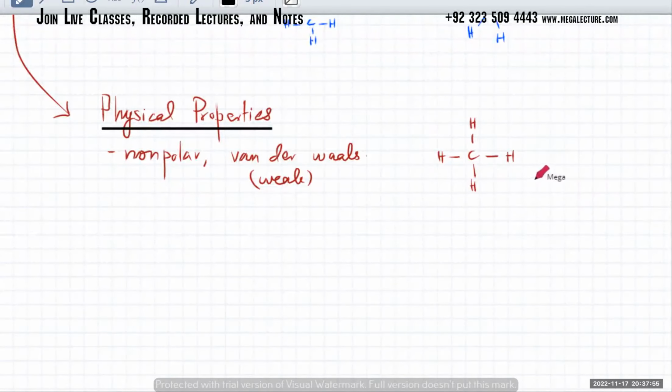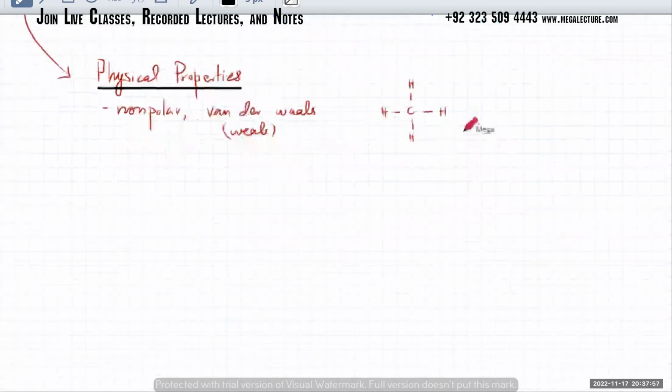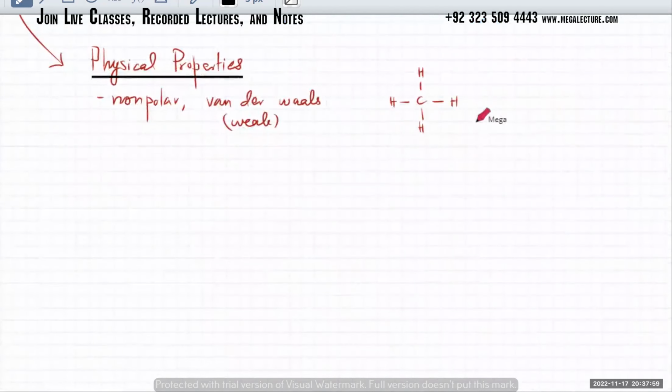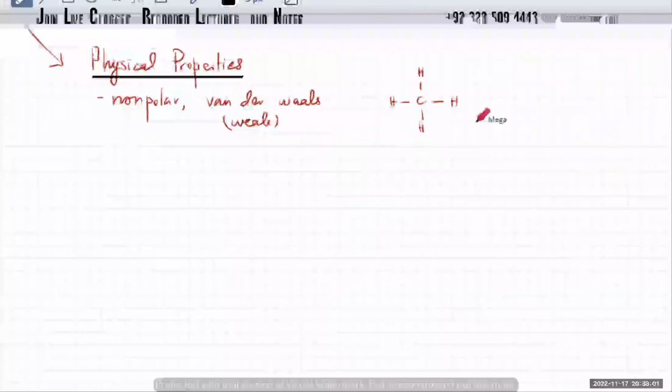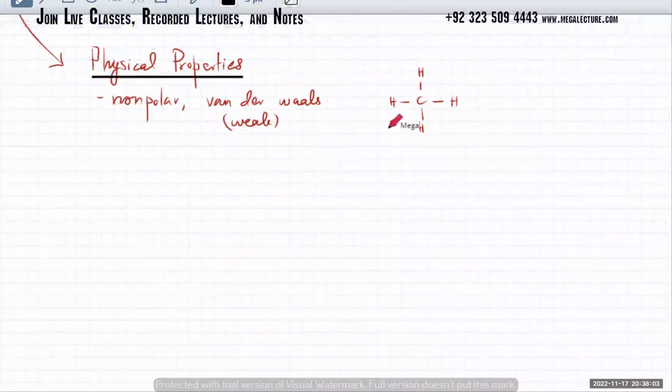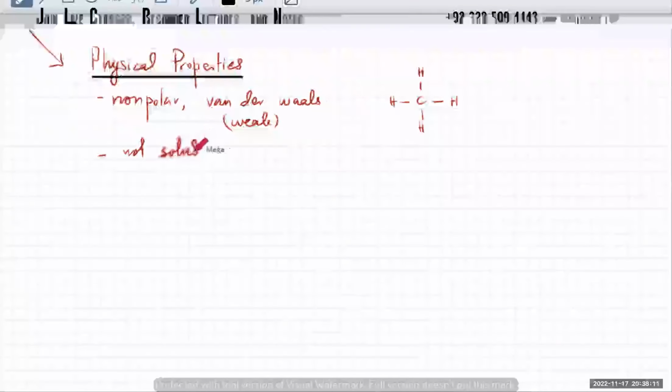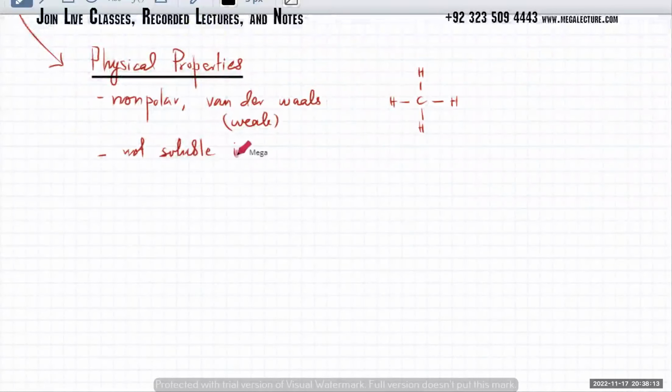अच्छा, अब ये हो गया physical properties, right? So that's your physical properties. Now, what is also important, they're non-polar, so they're not going to attract water. So not soluble in water as well. But remember this thing, वो फिर से हम repeat कर लेते हैं.